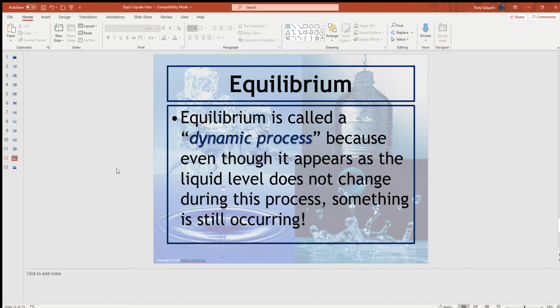A lot is happening in terms of the particles and the molecules that are inside that closed container. We have liquids changing to gases, gases changing to liquids, right? Evaporation and condensation are happening at any given moment. So it's a really dynamic process of things changing back and forth, even though just with your eyes, it may not look like it.